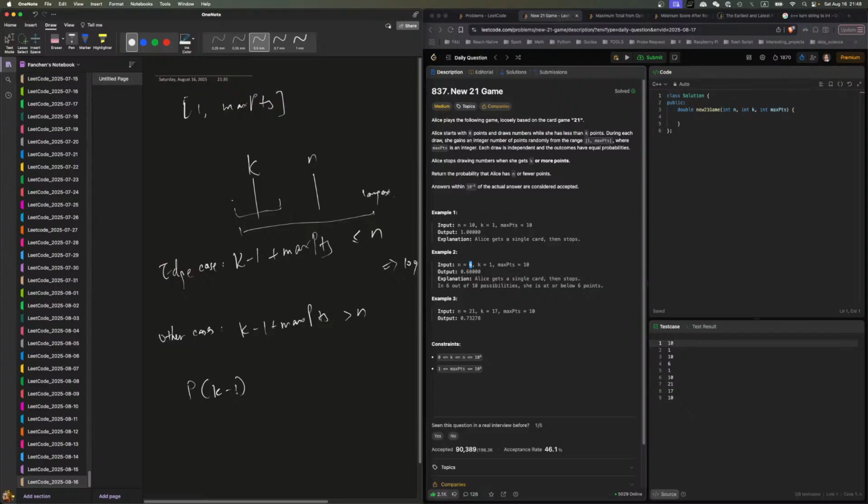Because once I know the probability of k minus 1, then I know, because you do one more step, right? You do one more step.